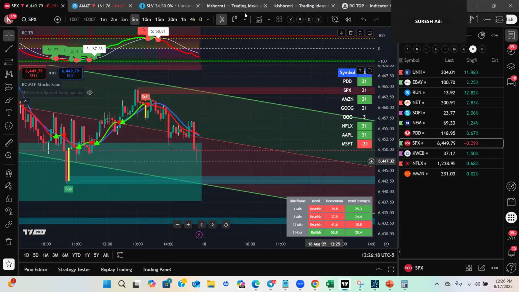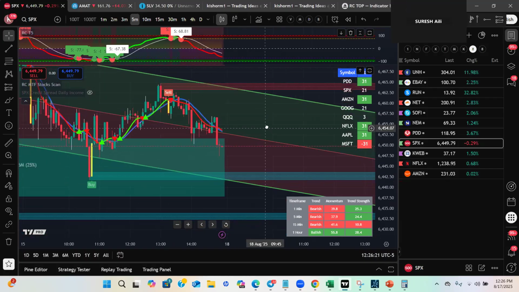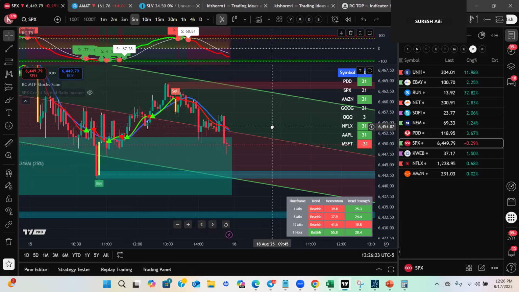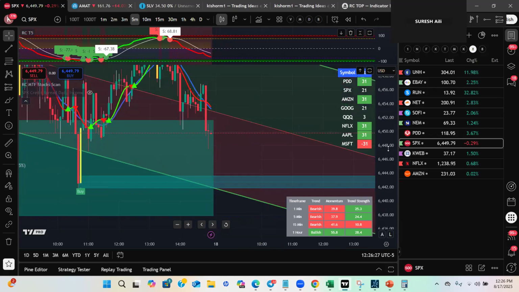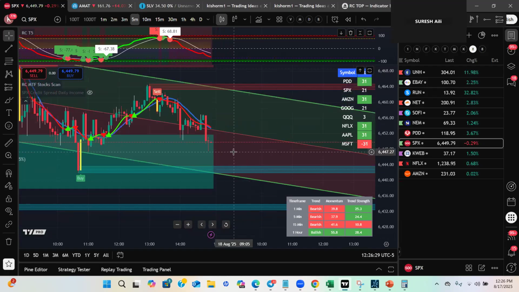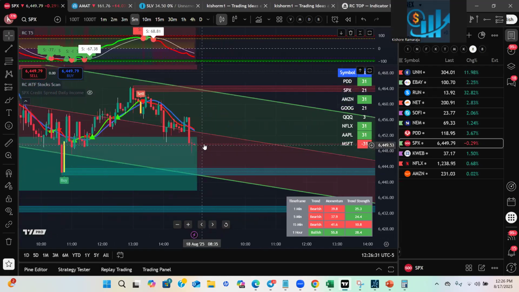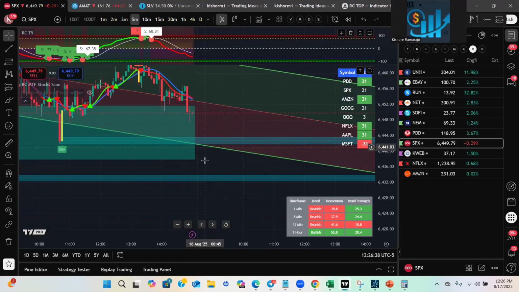Okay. Can you give me one example of doing an iron condor for SPX, how much capital is required for Monday? I would like to give it a try. Right. So for example, let us say tomorrow morning, after the first 30 minutes, we are somewhere here at 6,435 or 6,434.